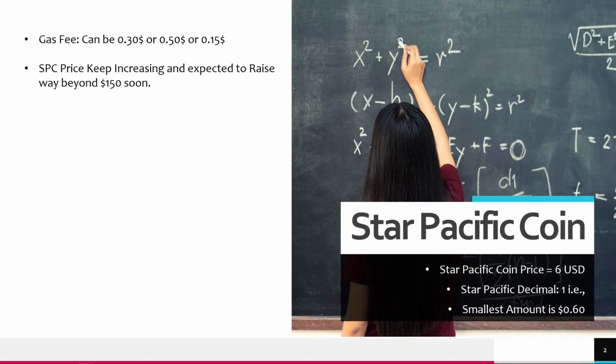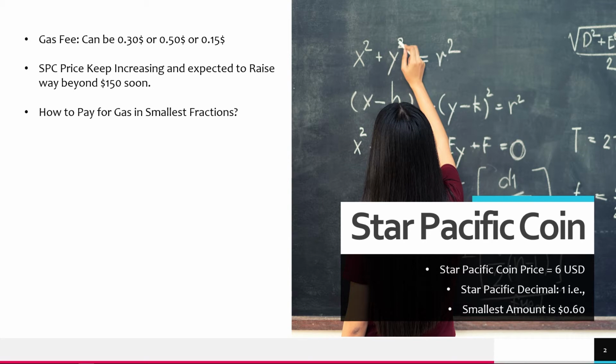So at that time, suppose the Star Pacific coin is $100, the smallest amount you will be able to transfer will only be $10. That is, 0.1 Star Pacific coin will equal $10. And it is expected that the price will rise well above $150 very soon.